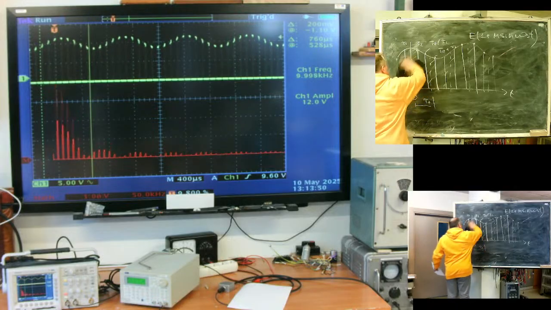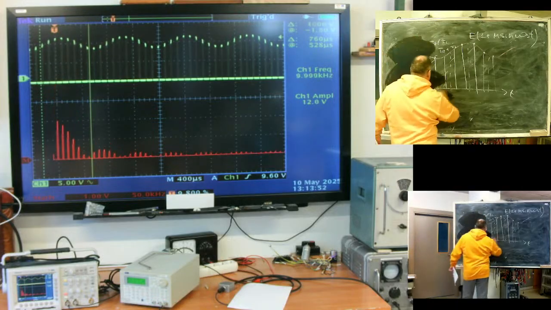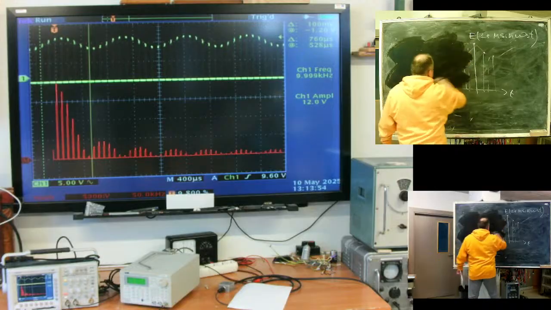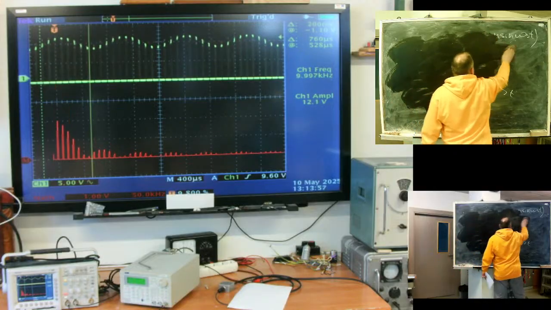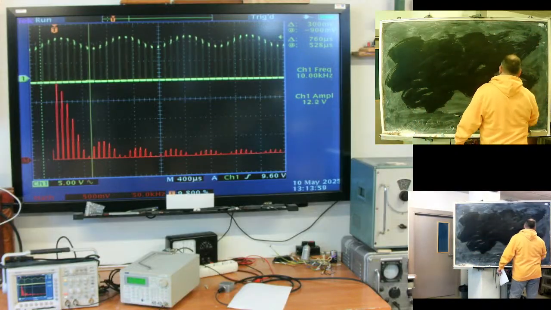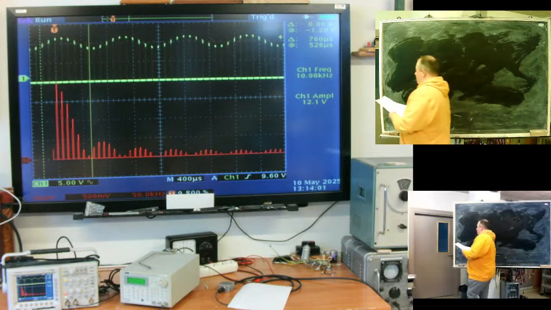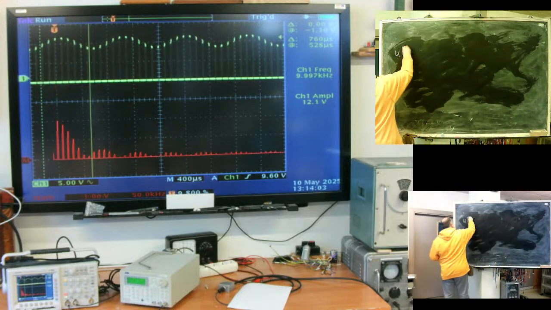I can write my signal. This kind of signal comes from image sensors. They can produce such a kind of signal.